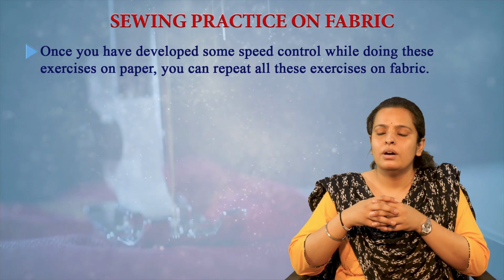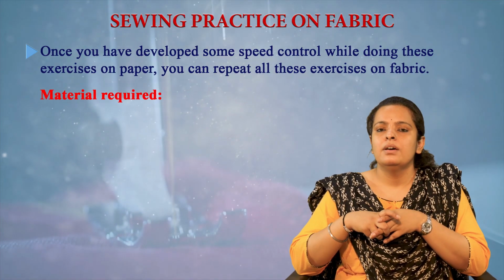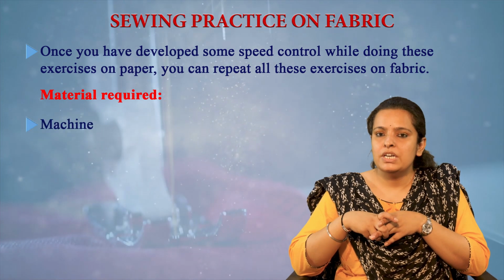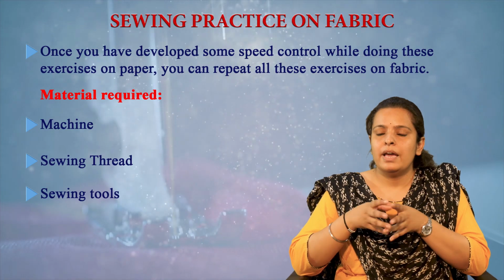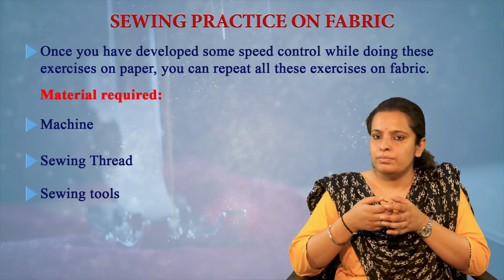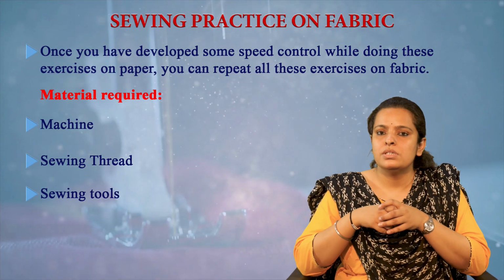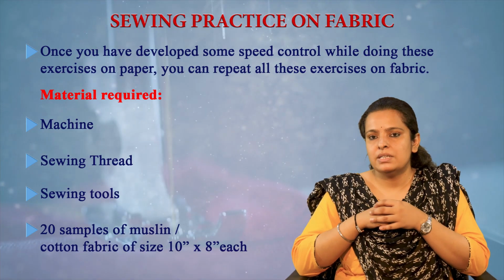So what materials do we require when we go for fabric practicing? We need a machine, we need sewing thread, we need sewing tools like scissors, threads, needles, all as for the paper. And we need 20 samples of muslin.